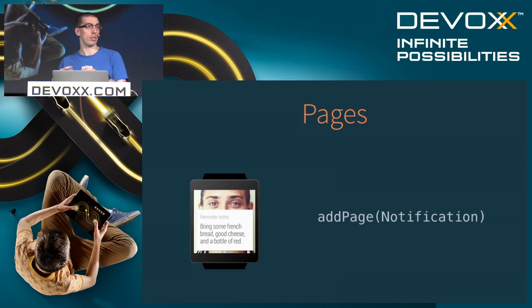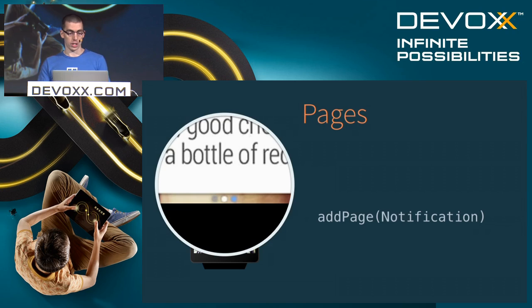So basically, you have a notification, and you can add pages to this notification. And this will be displayed like this, with some dots, page indicators at the bottom, and you can swipe on the notification to have more information about the notification that is currently displayed on screen.